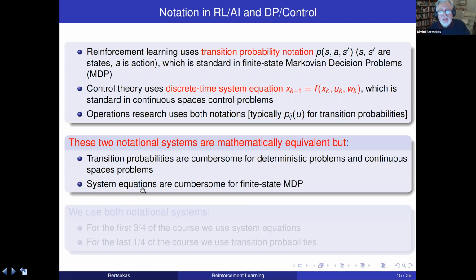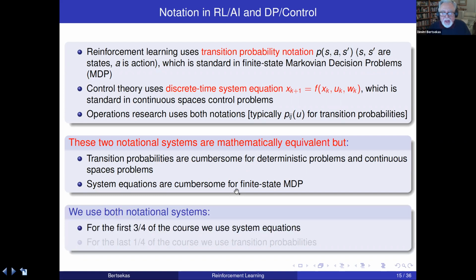On the other hand, system equations, this type of notation, is cumbersome for finite state Markovian decision problems. So what are we going to do here? For the first 3 quarters of the class, we're going to use system equations. And when we need the transition probabilities in the last quarter of the class, we're going to use them.